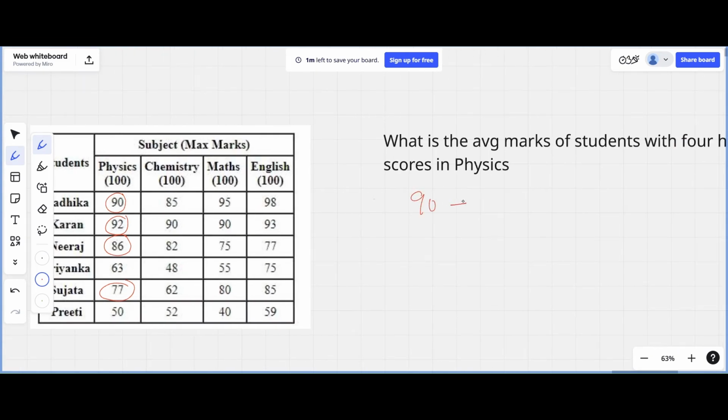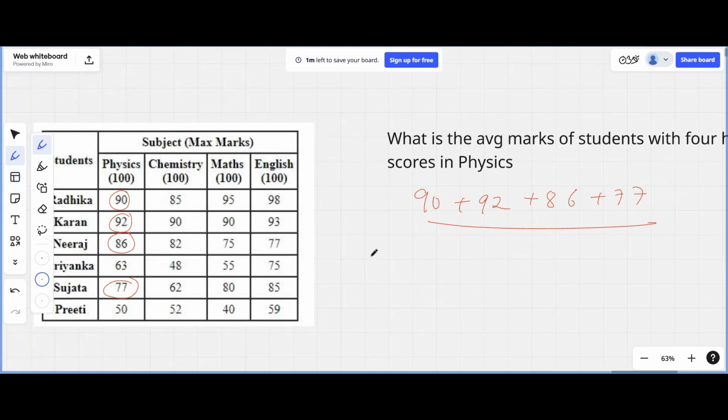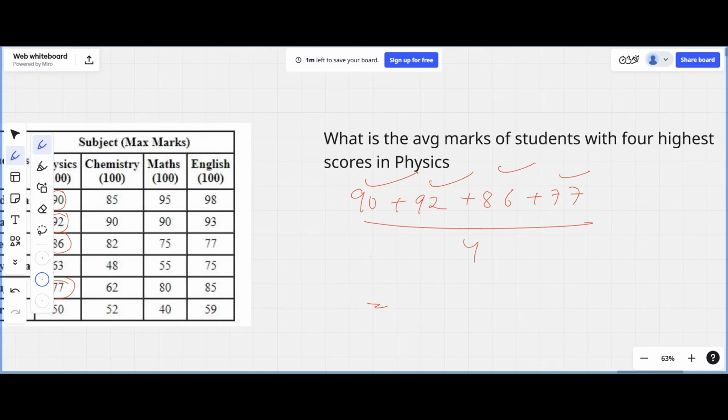See, 90 plus 92 plus 86 plus 77, divided by what? Since I'm searching for the average, how much should I divide by? There are four people, one, two, three, four. Use a calculator if you want. 90 plus 92 plus 86 plus 77 is 345.